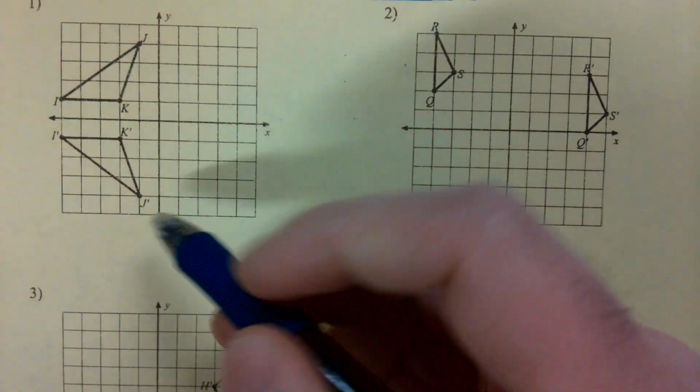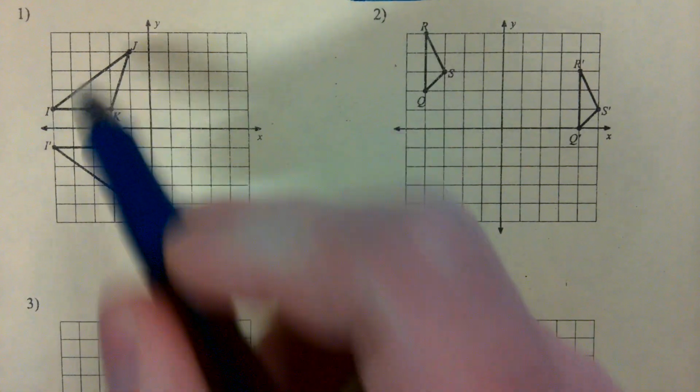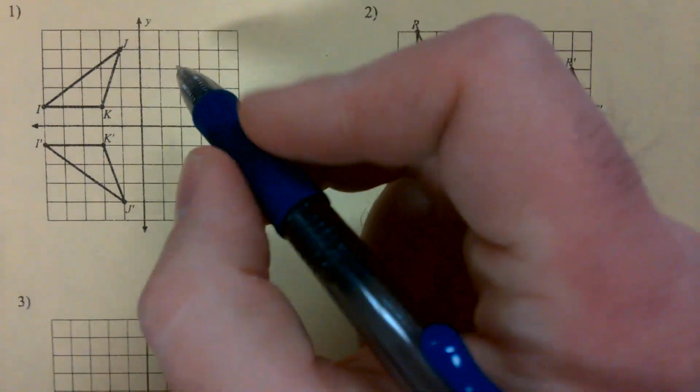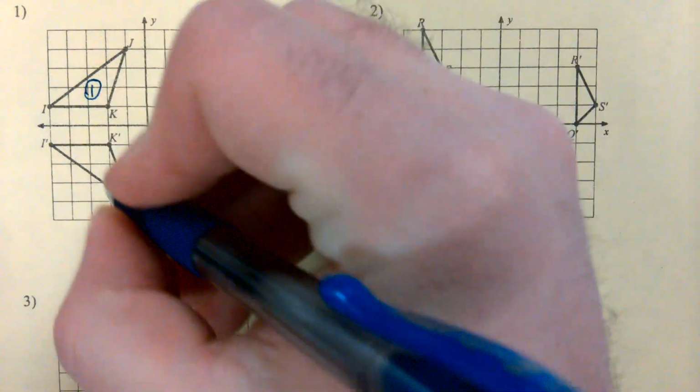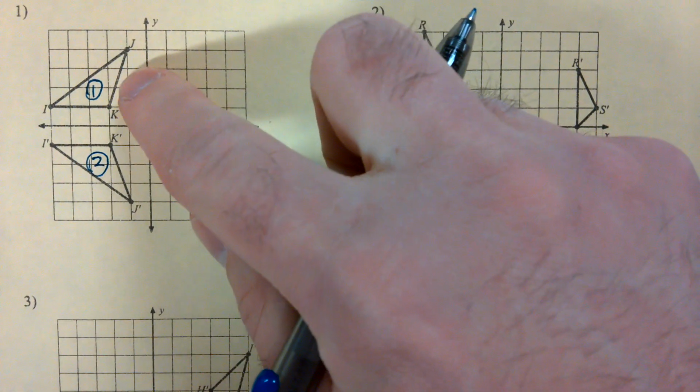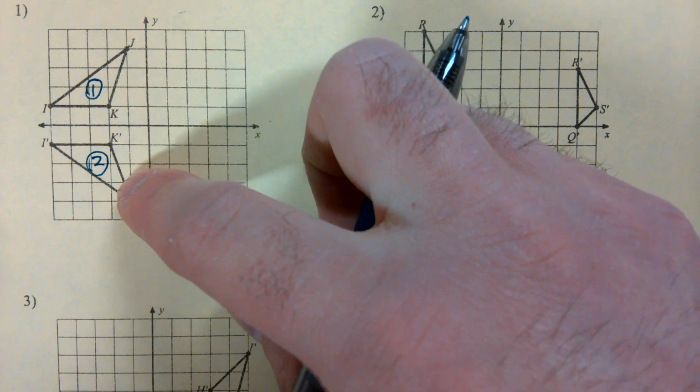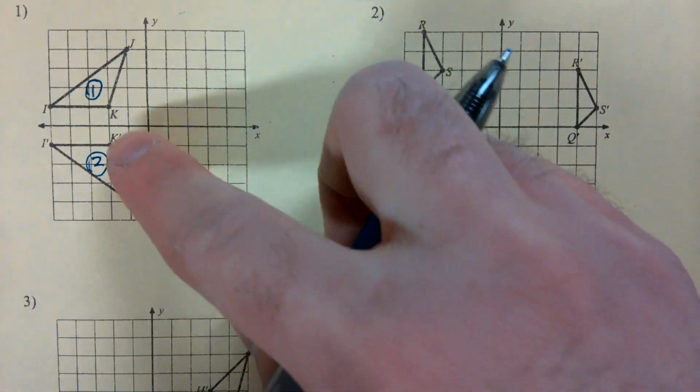Turned or flipped? It looks like a flip, right? It looks like this triangle's looking at itself in the mirror, right? What line did we flip this triangle across? The x-axis. I'm starting up top with I, J, K, and then I flip down here to I prime, J prime, K prime.